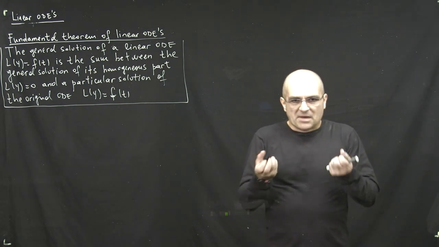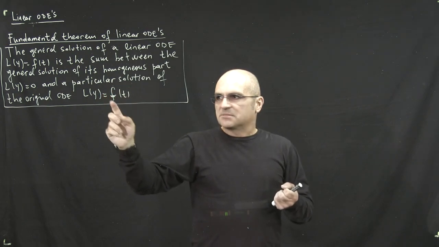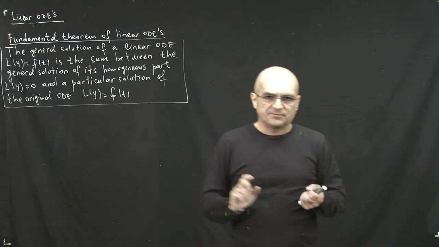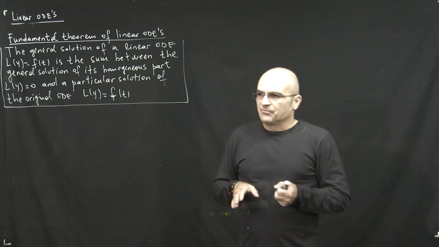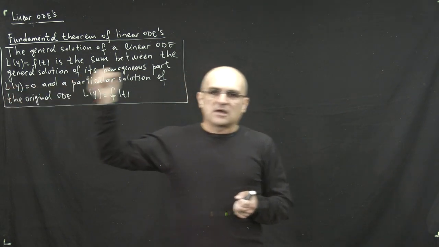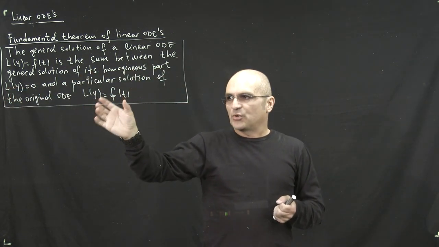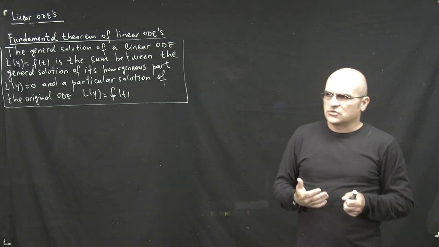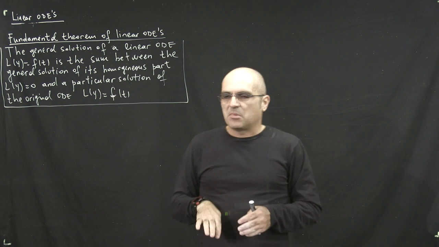And as part of the method of doing that, we need to find, by any means possible, just one particular solution. And that may not be as hard as you may think in many cases. So you need a technique for solving the homogeneous part. You need a technique to find a particular solution of the non-homogeneous part. Both steps can be easy or hard depending on the type of the problem.